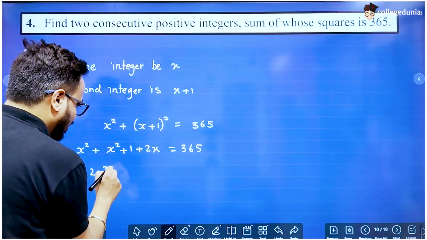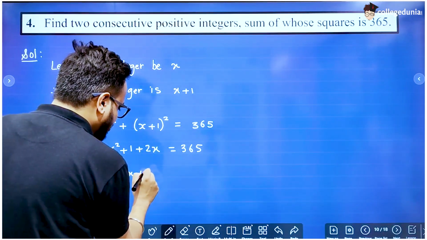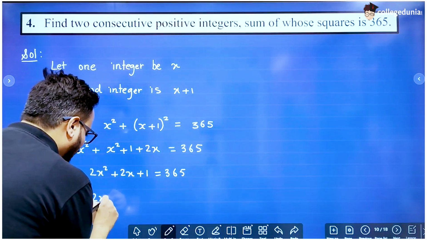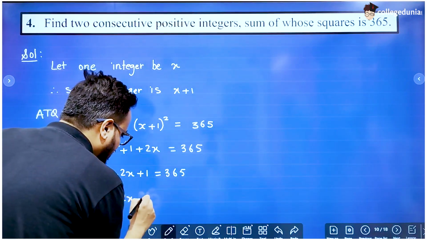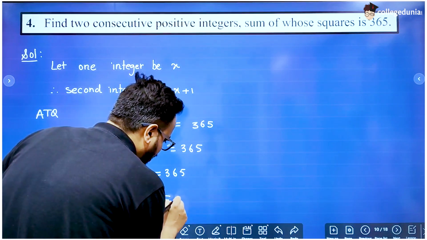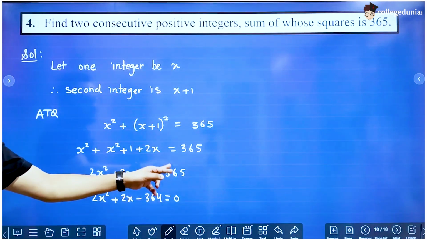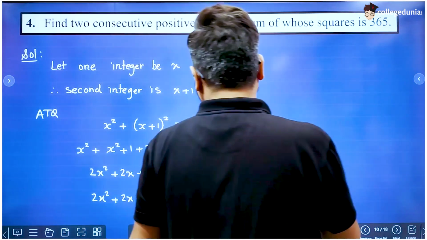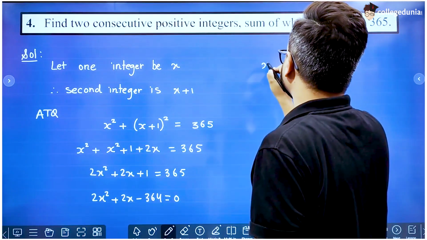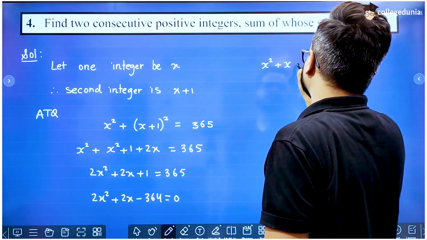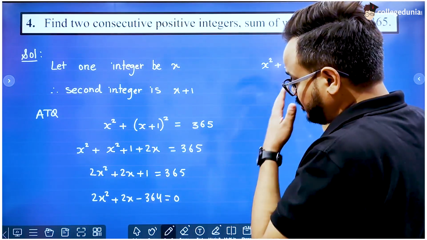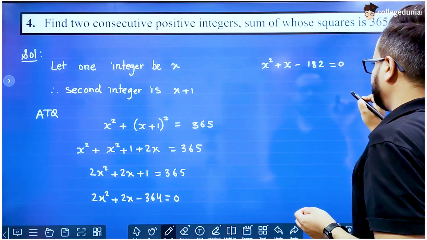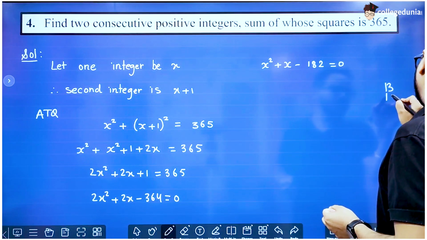So 2x square plus 2x plus 1 equal to 365, or 2x square plus 2x minus 364 equal to 0, because this 365 will come on this side. So 1 minus 365 is 364. So if you take 2 common, half of 364 is 182, equal to 0.